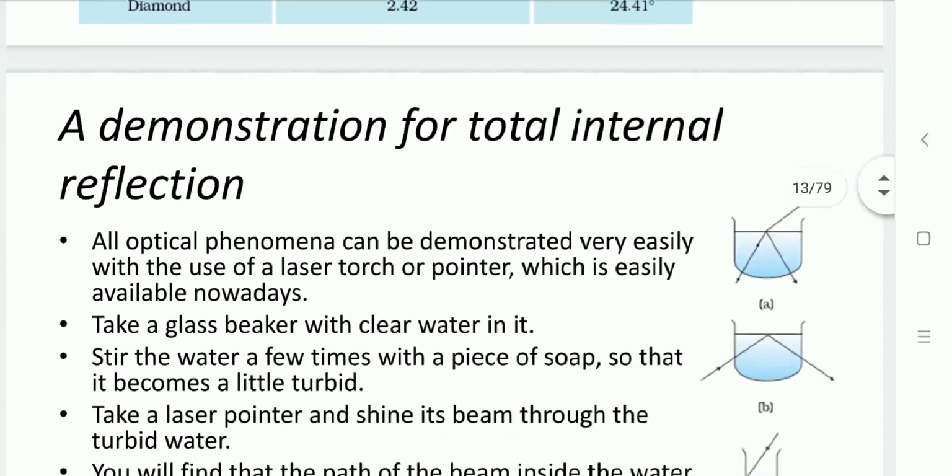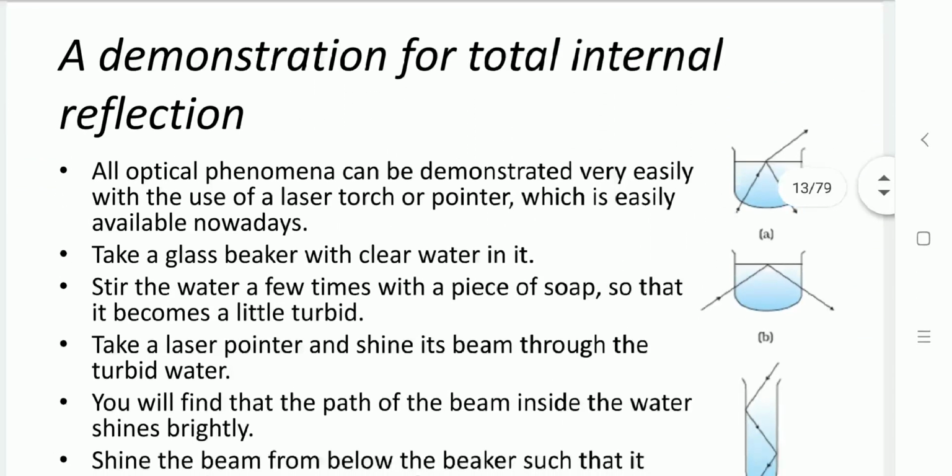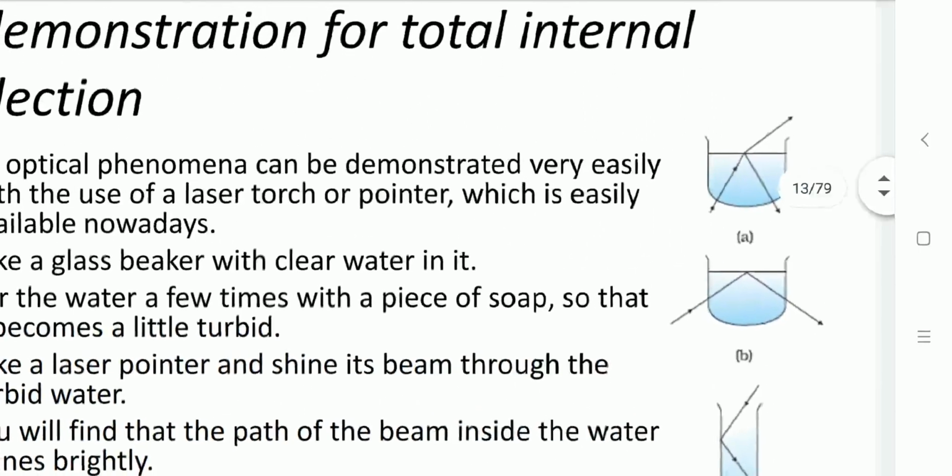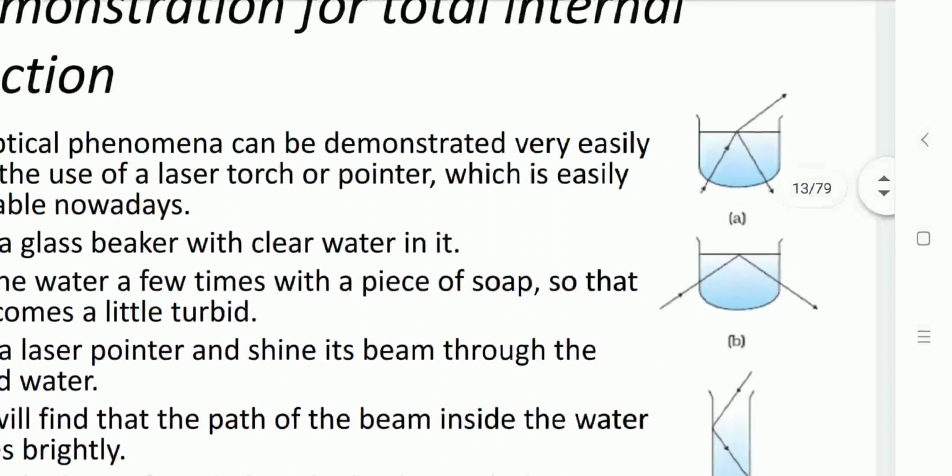Now let us go through the demonstration for total internal reflection. As you can see in the diagram, let us take one beaker filled with water. Now pass a ray of light from the bottom of the beaker and observe that some of the component is refracted in air and some of the component comes back in the water, that is a reflected wave.